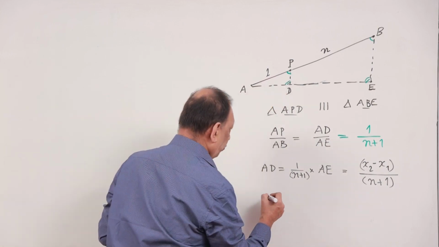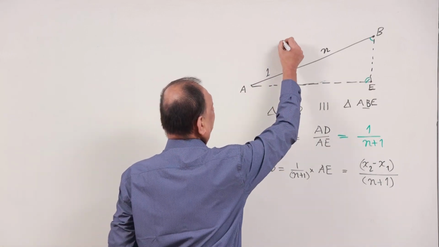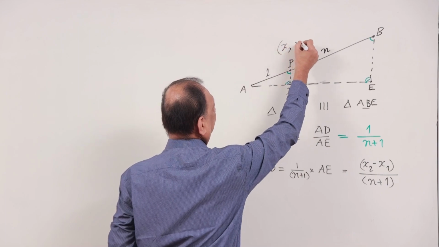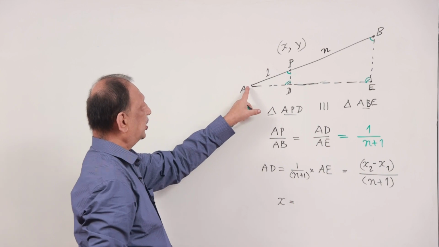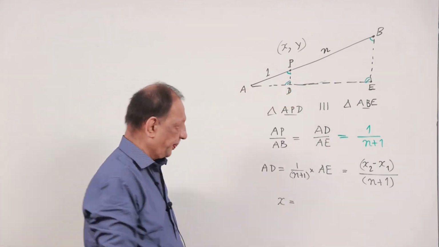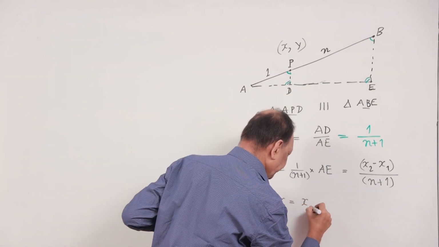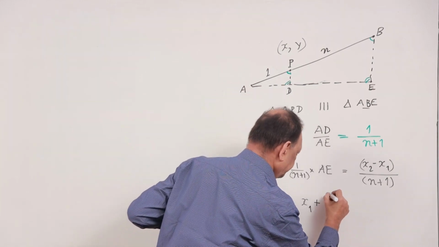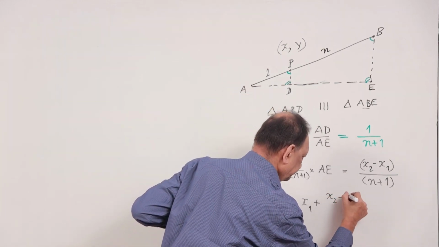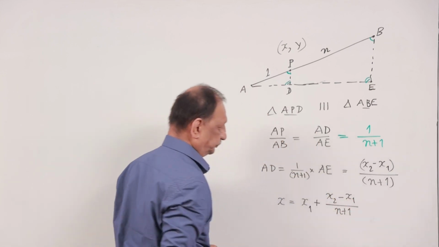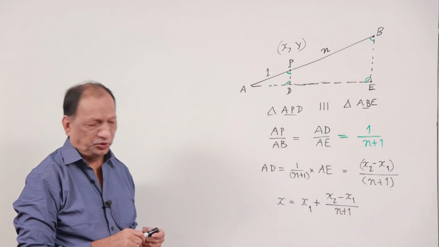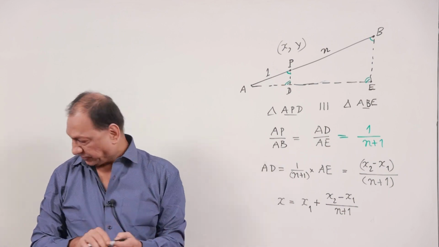So therefore, what is the coordinate of P? That is, we are trying to find x, y. What is x? It is the x coordinate of A plus AD, which is x1 plus x2 minus x1 divided by n plus 1. Correct?